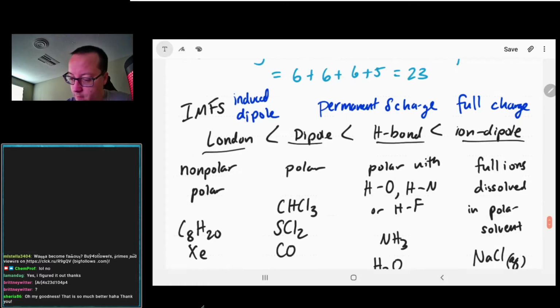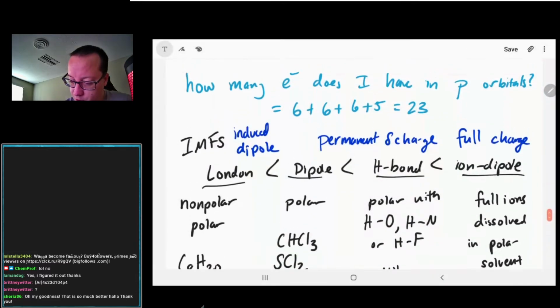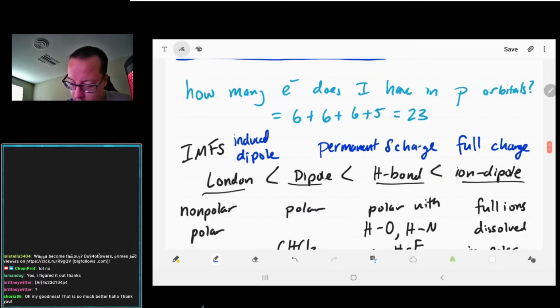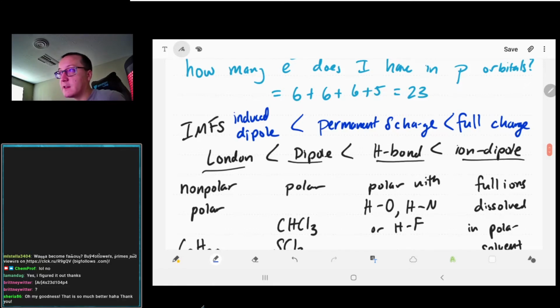So notice that these are all kind of charge based as well. Your full charges are going to be the strongest things here. So when you have full charges, that's when you're going to have your strongest forces. With dipoles and hydrogen bonds, you have permanent partial charges, which are not full charges, but just partial ones, so less than 1 as a charge. And then the London forces are just induced charges that don't last very long. So it's all about the charge here.